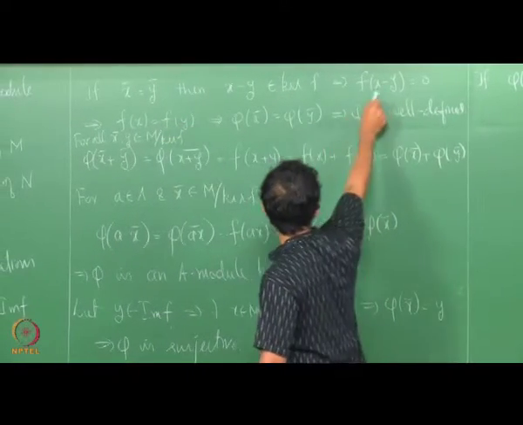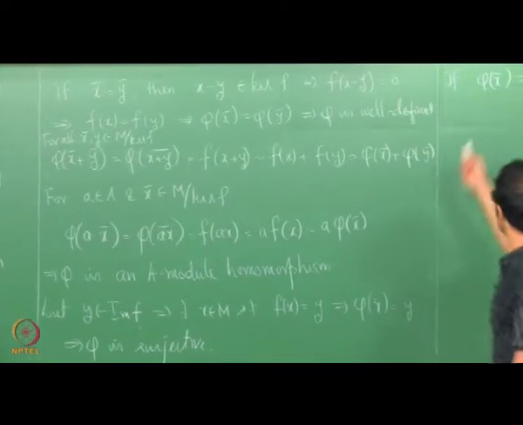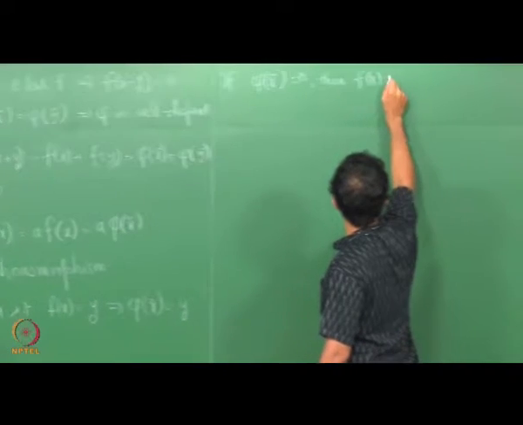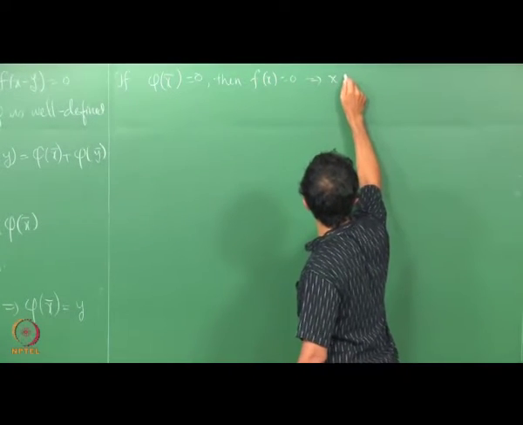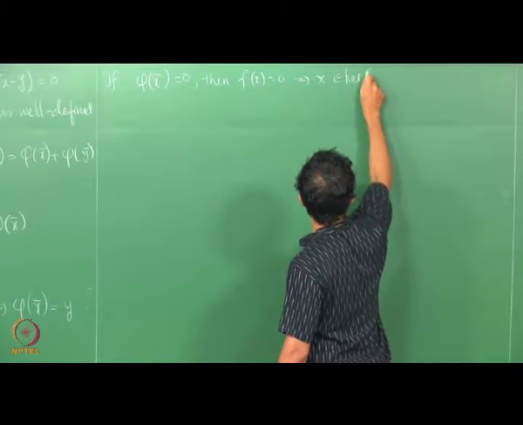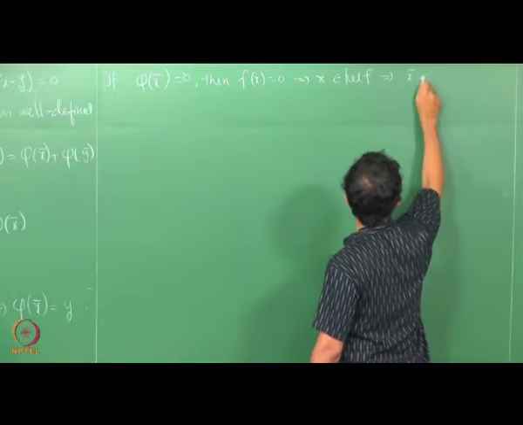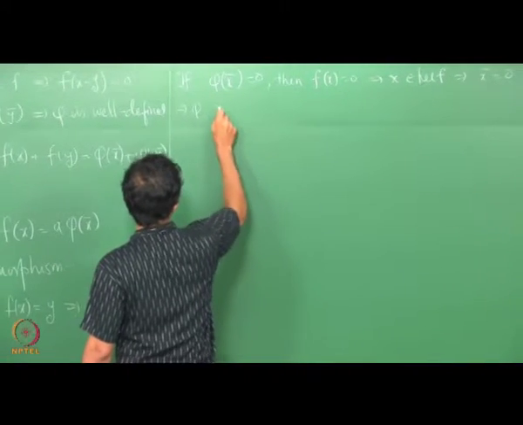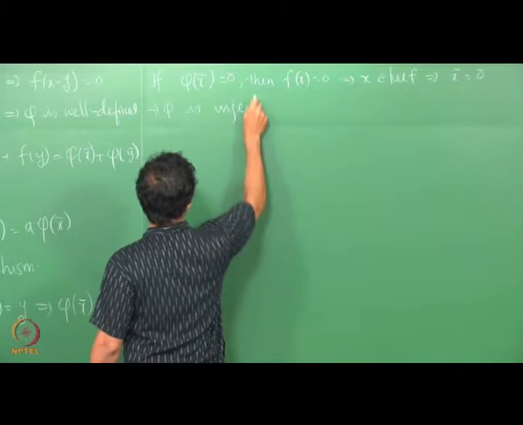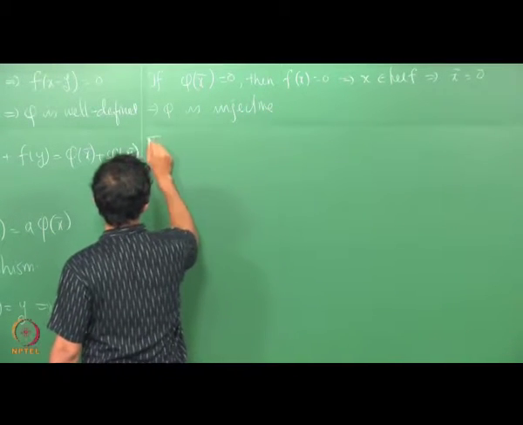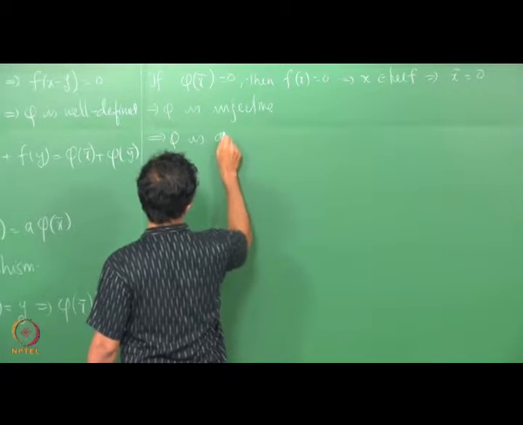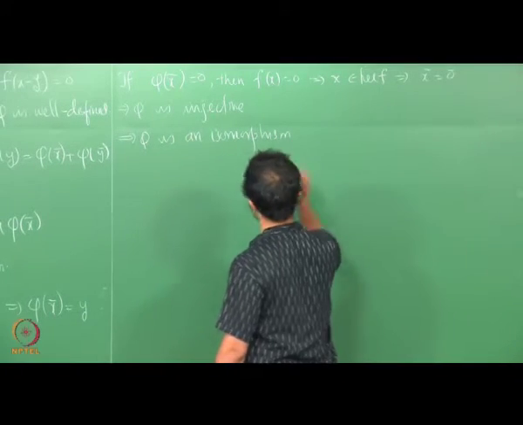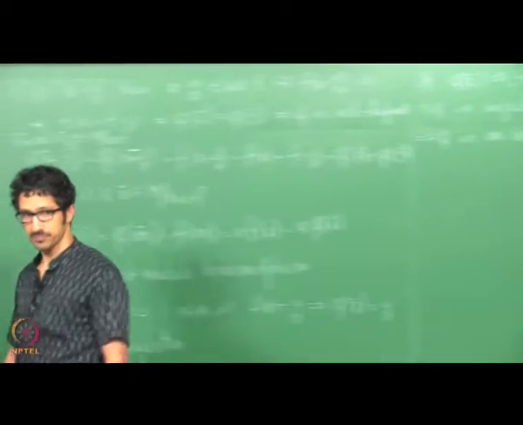This implies f of x equal to 0, which implies x is in kernel f, which implies x bar is 0. So, therefore, this phi is injective, this implies phi is an isomorphism, and that proves the third statement.